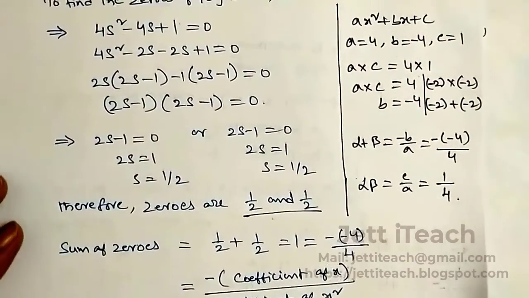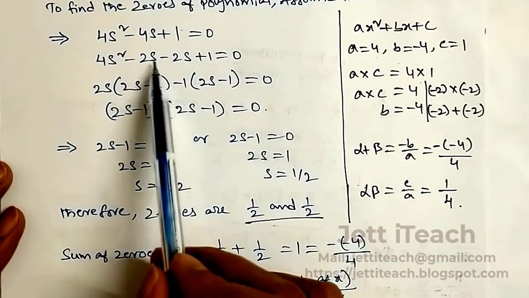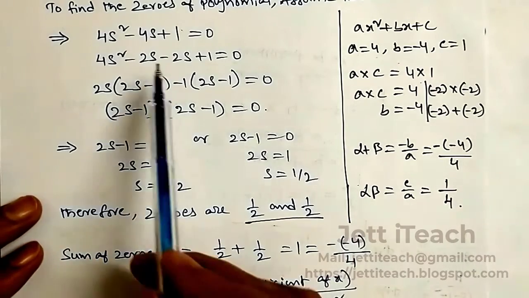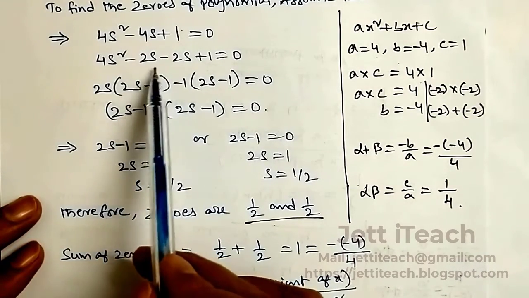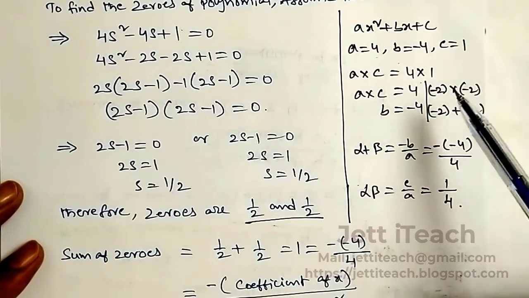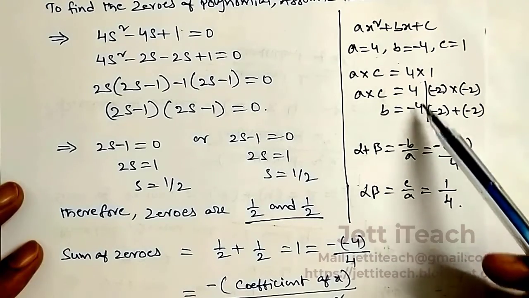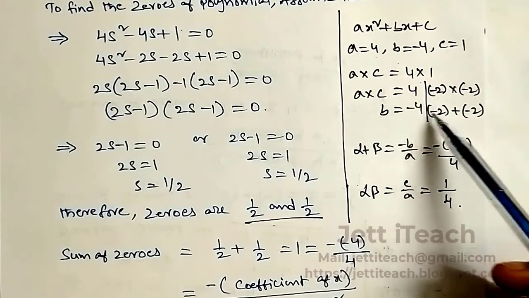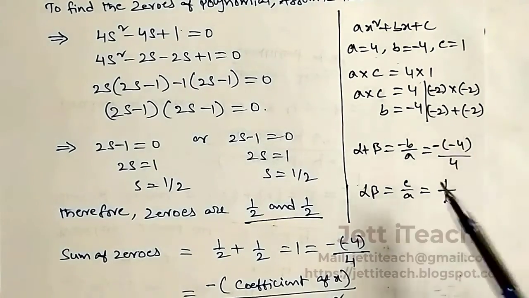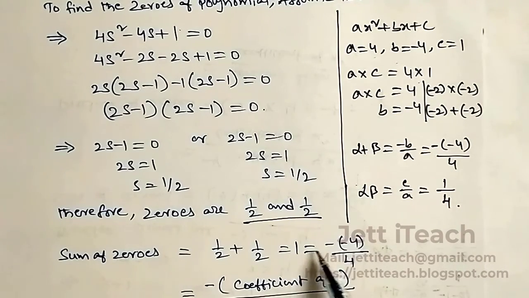Okay, here one important thing is how to split the s term. Here you can get s or t or x, any variable. So you need to think on this. A into c is 4, b is minus 4. Based on these two numbers we need to split it. So how to write this term by using 1?